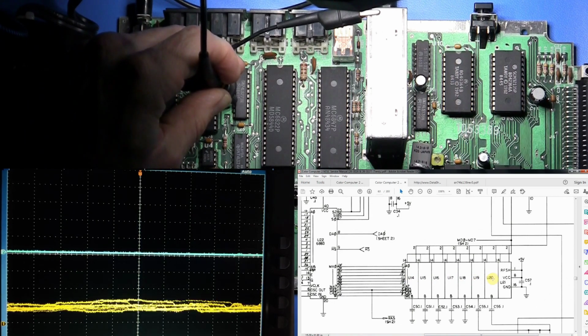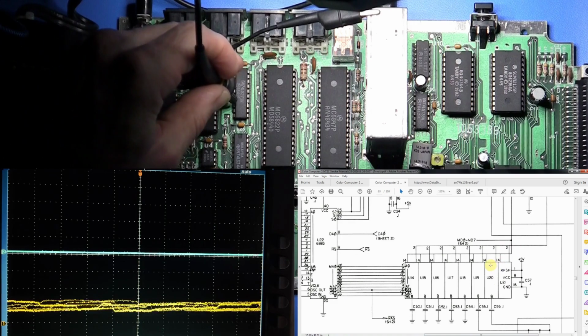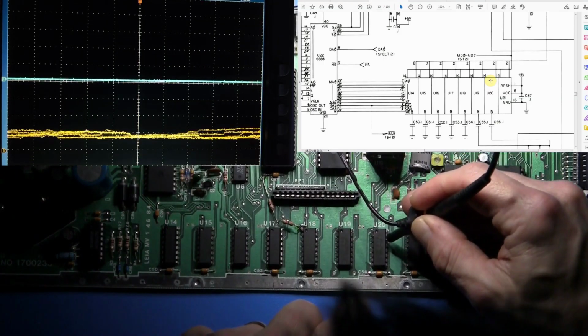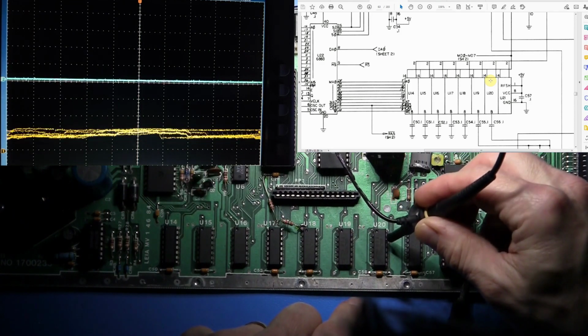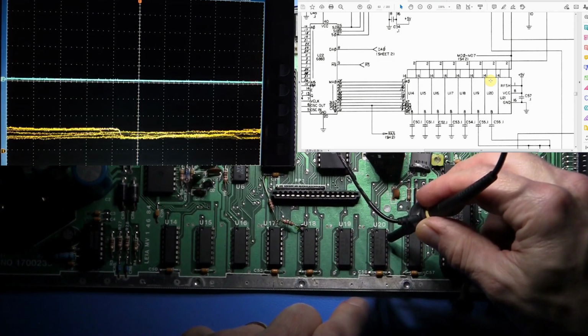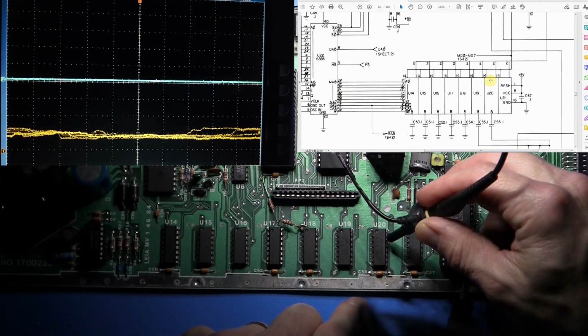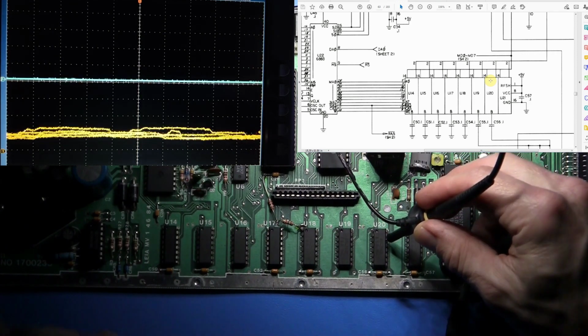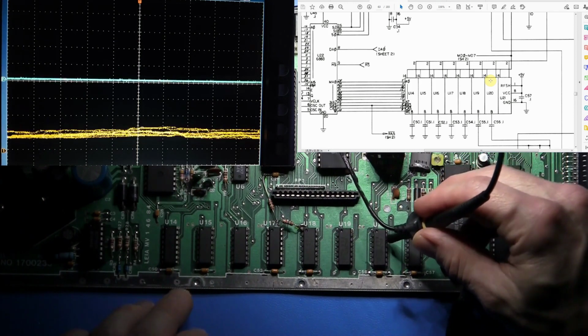U20, pin 14. Right, yeah, it looks the same trashiness on this end, on the source end, right out of the RAM input. Okay, let's walk these RAMs.